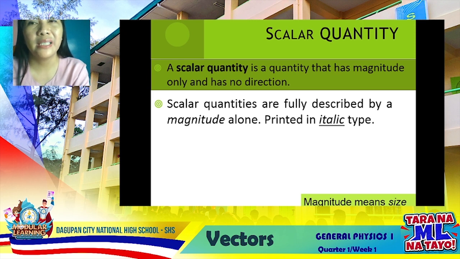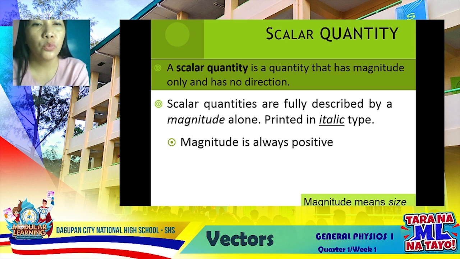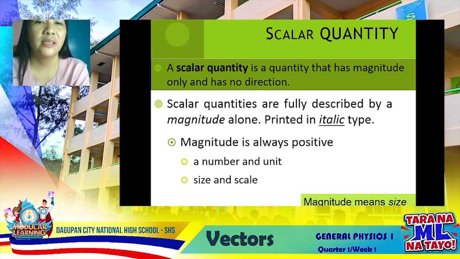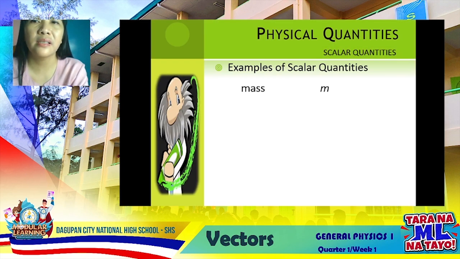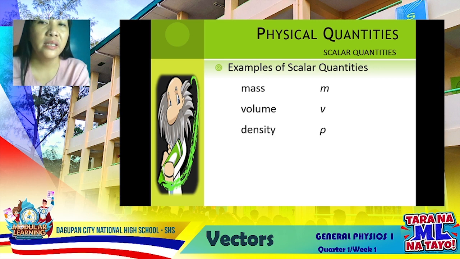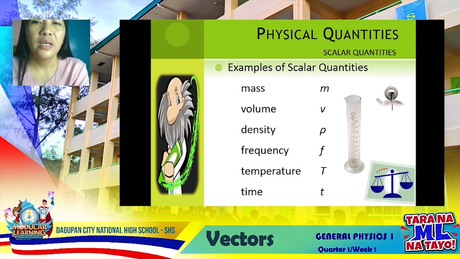It's printed in italic type. Magnitude is always positive. Magnitude is actually a number and a unit, or a size and a scale. Some examples of scalar quantities are mass, volume, density, frequency, temperature, and time.